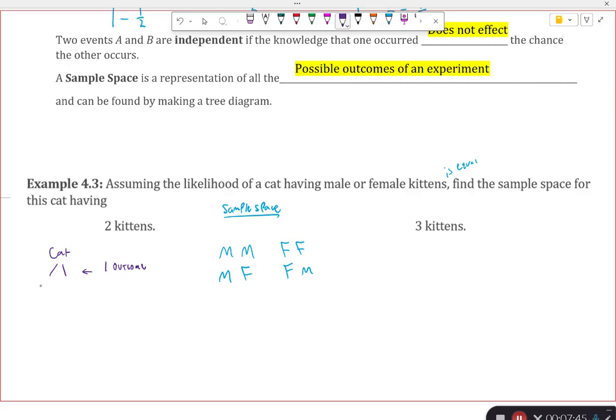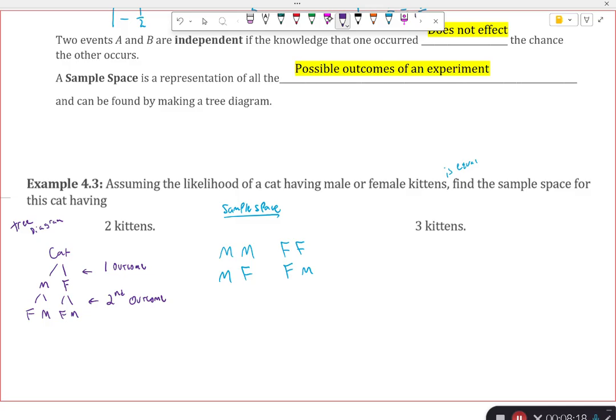The cat can have either a male or a female for the first kitten, and then we use a second set of lines here. This would be the second outcome. So if the cat has a male kitten first, she could have a female or a male for the second, and a female or a male for the second for either one, whether it's male first or female first. Again, this is the tree diagram.